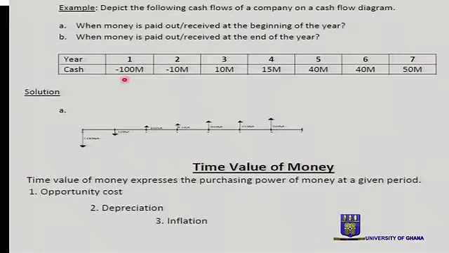Now you do see that 100 and 10 do not have the same length, right? The 100 is longer than this one. That is how I chose to do the length, so it is just up to you. The length of the arrows is just dependent on the value that you are trying to represent. And the others, because these ones are positive values, we see they are inflows. We just draw them upwards like this.